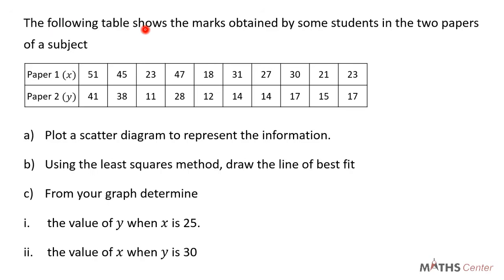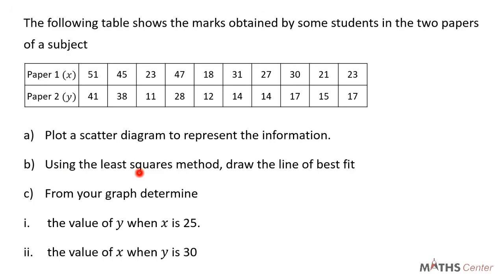The following table shows the marks obtained by some students in the 2 papers of a subject. We have paper 1 and paper 2. Paper 1 will give us the x values and paper 2 will give us the y values. The first part of the question, A, it says plot a scatter diagram to represent the information.